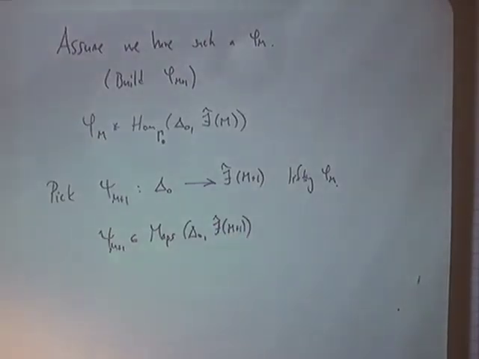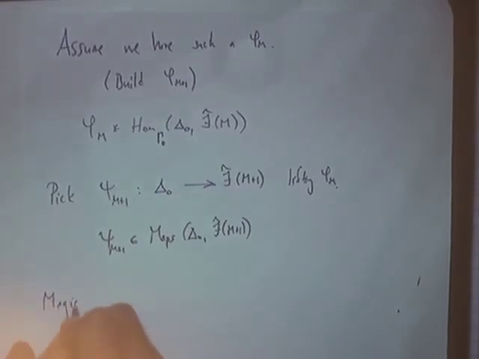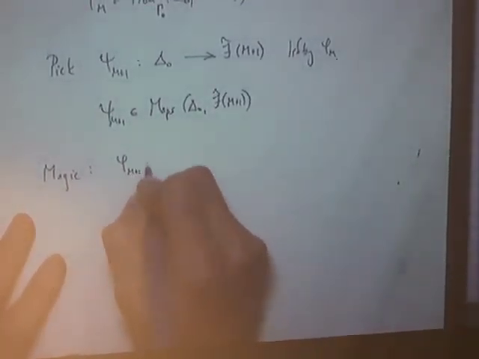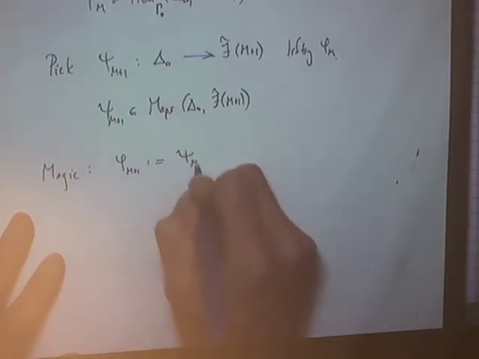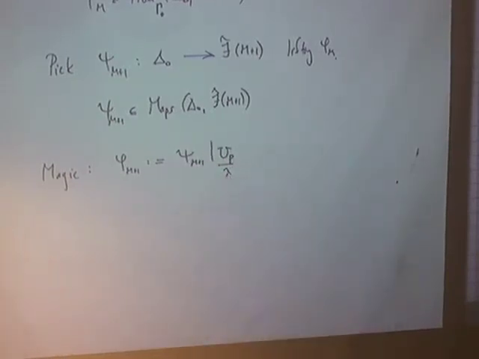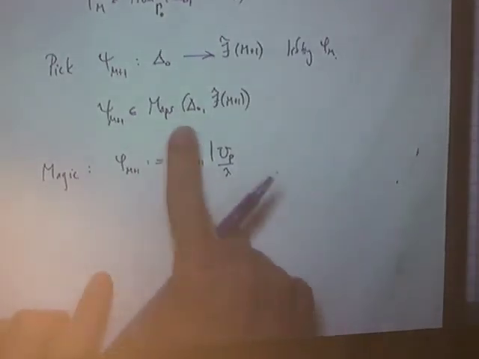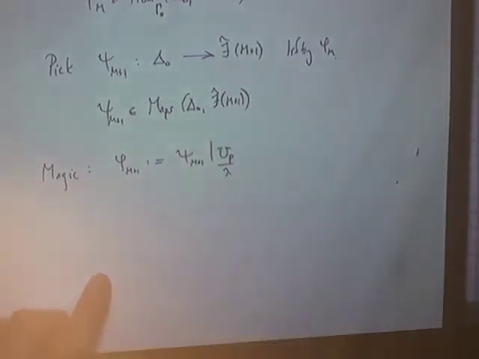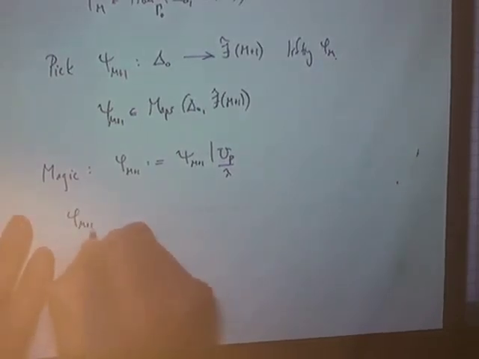But we have to do something, and like in all those other arguments, the key was to use UP. And so here's the magic that makes things work. If I take phi m plus 1, and I define it to be psi m plus 1 acted on by UP divided by lambda, this is again a map from delta 0 to this finite approximation module, but in fact, phi m is additive.